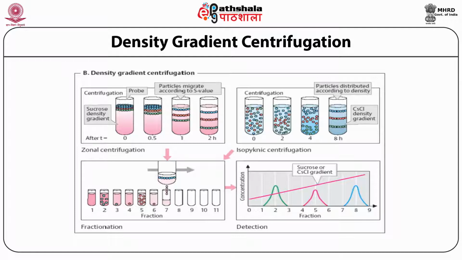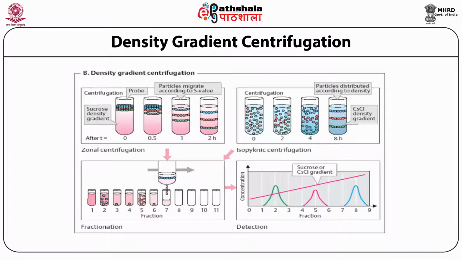You can see after 0.5 hours the molecules start to separate. After 1 hour more separation occurs, and after 2 hours all molecules are separated according to their S value at different positions in the tube. In the case of differential centrifugation, the molecules are mixed and then centrifuged for different hours, like you can see, 2 hours, 4 hours and 8 hours.